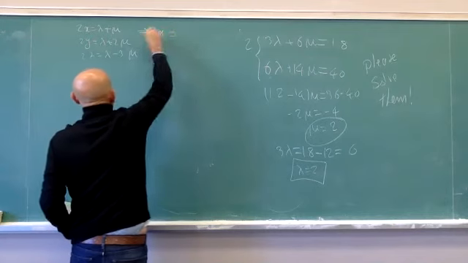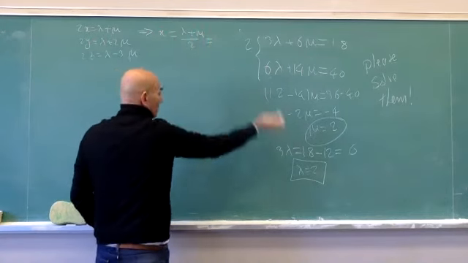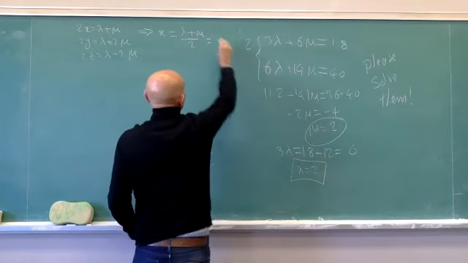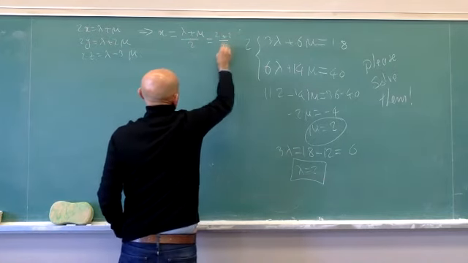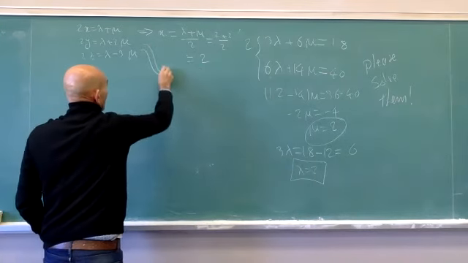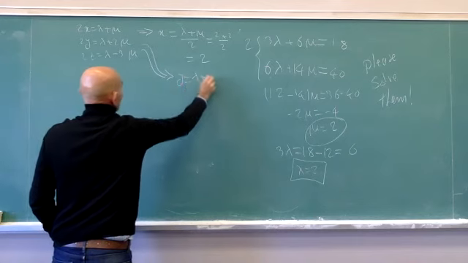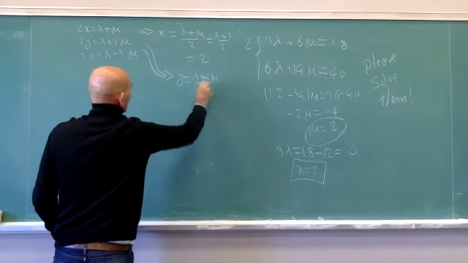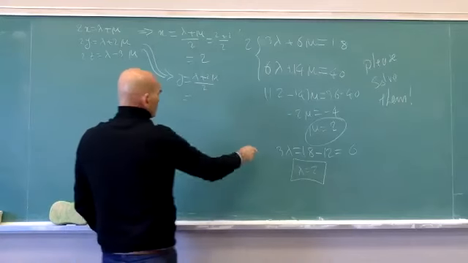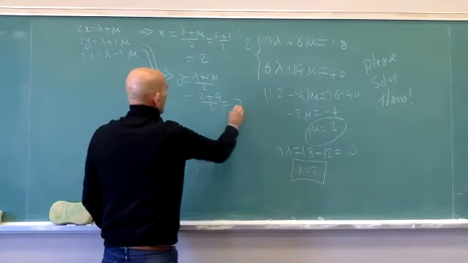So here we have now x is equal to lambda plus mu over 2. But we found those values, it's 2 plus 2 over 2, that's equal to 2, so that's nice. And here we have y is equal to lambda plus 2 mu over 2. Well, lambda is 2 plus 4 over 2, which is 3.